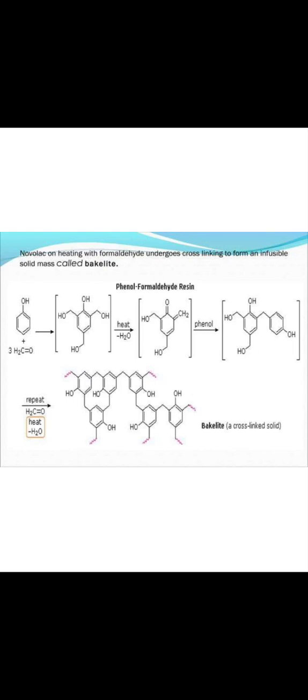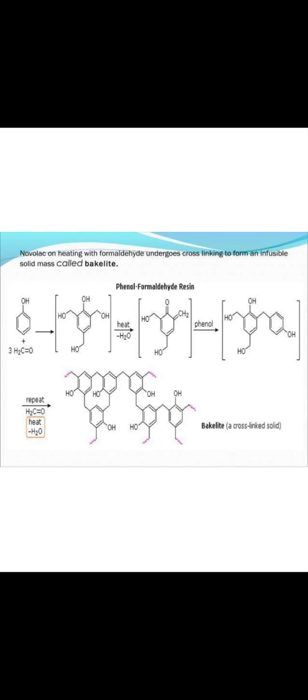The formed trihydroxymethylphenol, on heating, undergoes a dehydration process and gives rise to a reactive intermediate, and further it reacts with phenol and gives rise to the formation of novolac, which is a long linear chain polymer of this bakelite.